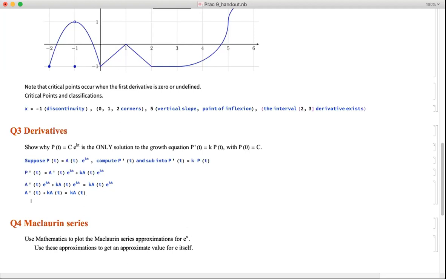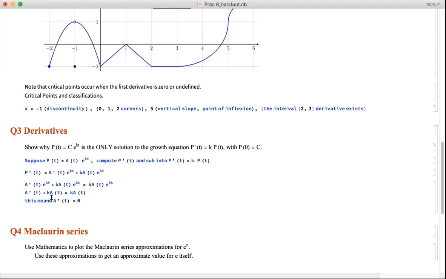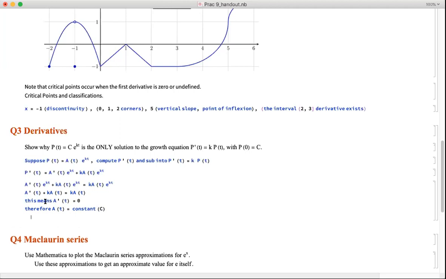Yeah, that's a good observation. If the derivative of a function is 0, what would that function be? Constant. Good. We can say constant C in this case. Therefore, we arrive at P(t) equals C. Okay, so done.